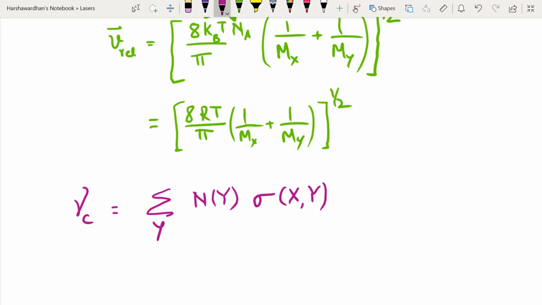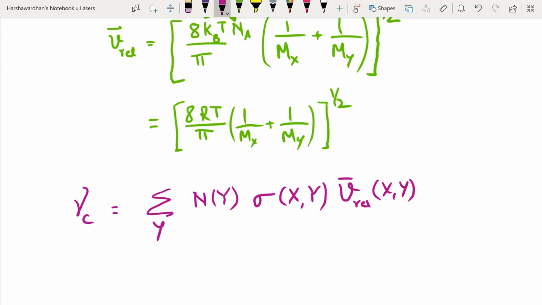Sigma xy is the collisional cross section between the atom at rest and the one which is coming in, and v relative is the relative velocity between these two species. So you see that one can reasonably use such a formula and obtain some value for gamma c.